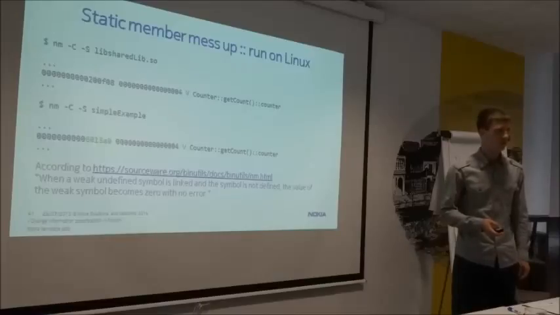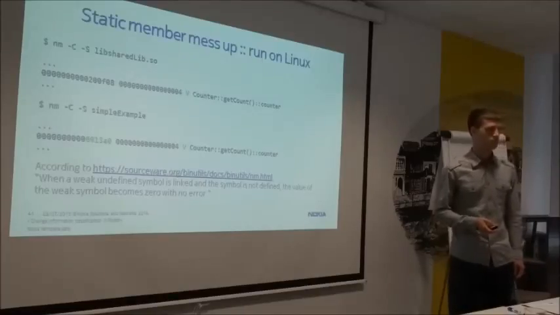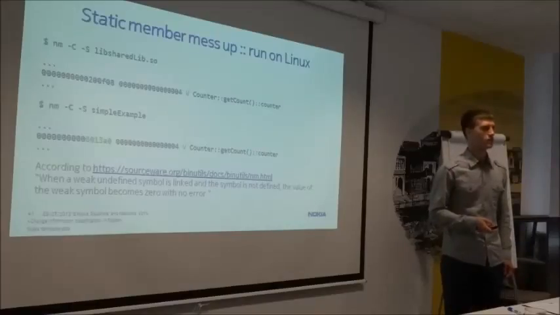So it might have information about two places, but it chooses the one from the executable. Your question is why? Okay. Or not? This is just how it works, as I think.